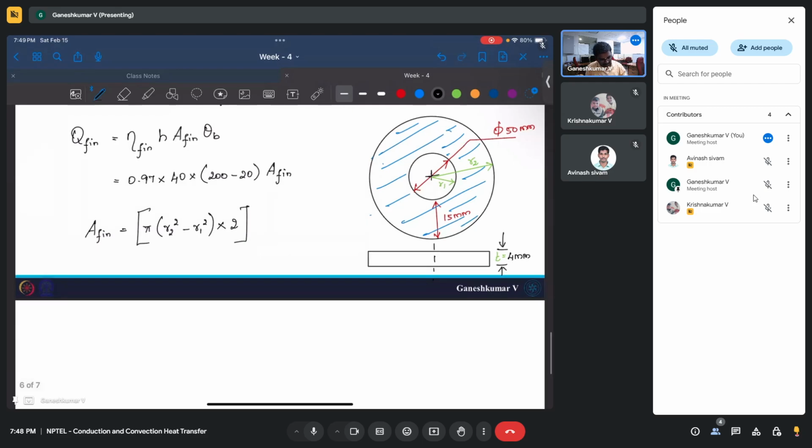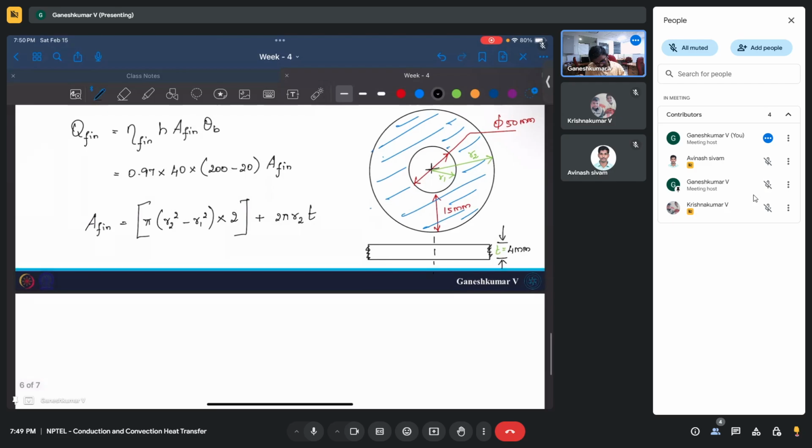And then you have these surface areas, which is also available for convection. That is going to be plus 2 pi R2 into T. This is your total area of the fin.